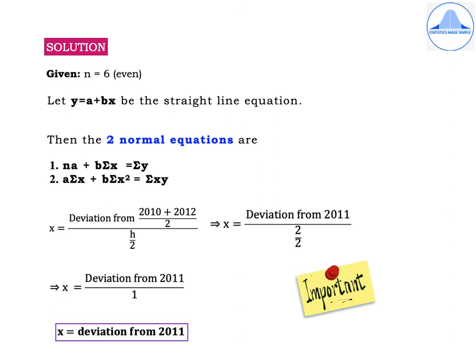Then square each of the x values and we get 25, 9, 1, 0, 9, 25, and summation x square is equal to 70. And xy values are minus 100, minus 72, minus 22, 0, 84, 160, and we get summation xy equal to 80.